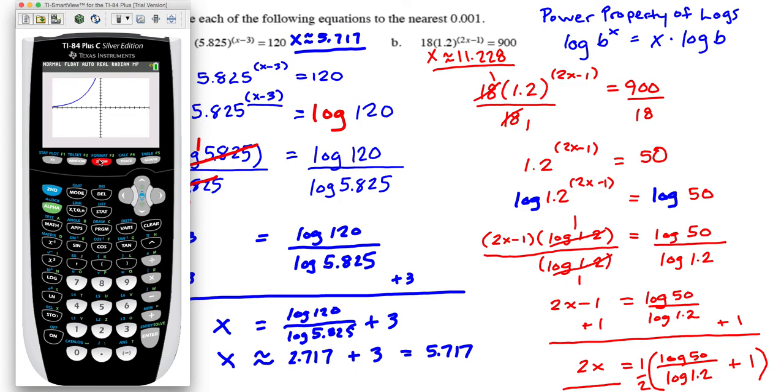So you could do a couple different zoom options. You could zoom out, out, out. Let's see if a zoom fit will work on this one.